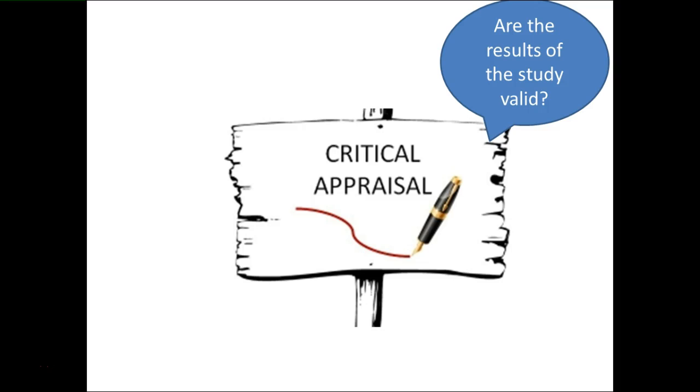So it's important that as you're reading these research articles and you're using them to help drive clinical decisions, that you truly make sure that the results of the study are valid and that they have a very strong internal validity and high external validity so that your results can be generalizable to a specific subset or population.